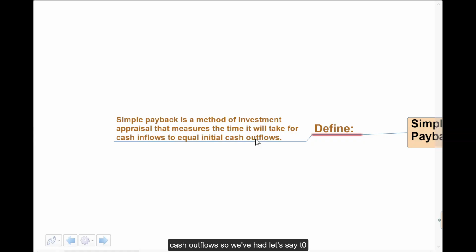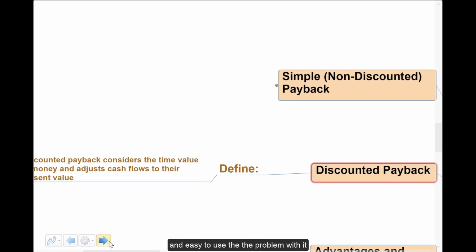So we've had, let's say, T0, T1, some cash outflows, and then we start to get in some cash inflows. So we're really looking for the time to recover those initial cash outflows. Very, very straightforward, quick and easy to use. The problem with it, obviously, is it's not considering the time value of money.